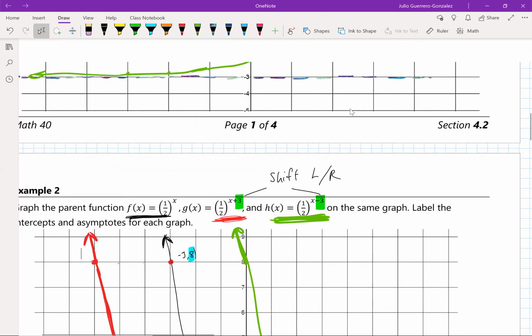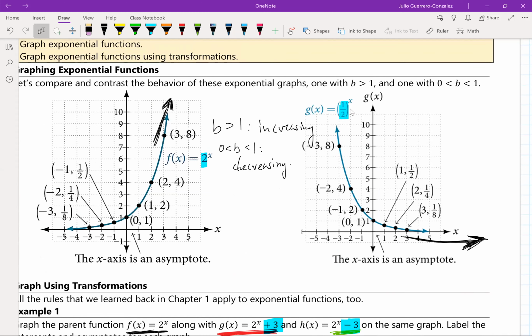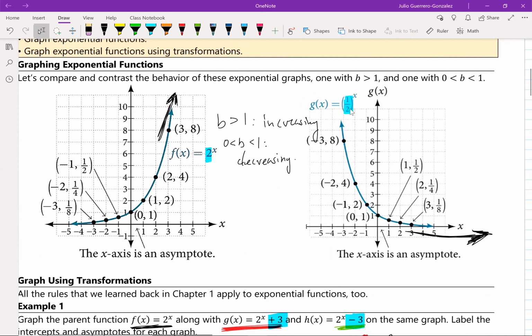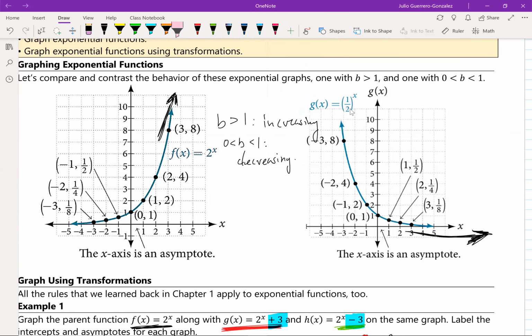So I want to move back up here to this one. And what I want people to do, I'm going to add a highlighter here. I don't know where my pink one went. There we go. Okay, what's going on with these points right here?